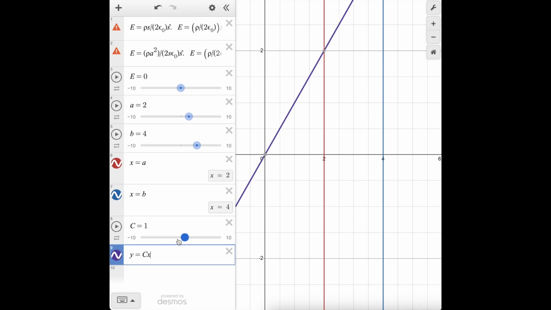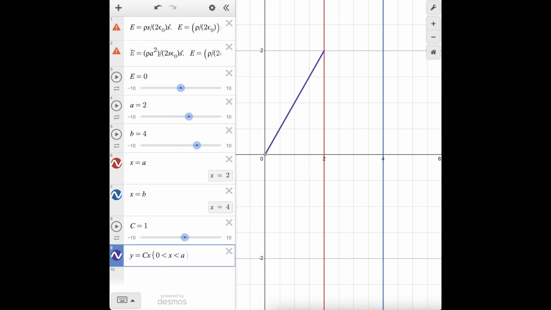But this is only valid between 0, the very center line of the cylinder, and this outer radius A. As we mentioned before, the electric field rises linearly within this uniform density, and it goes to this maximum value here.